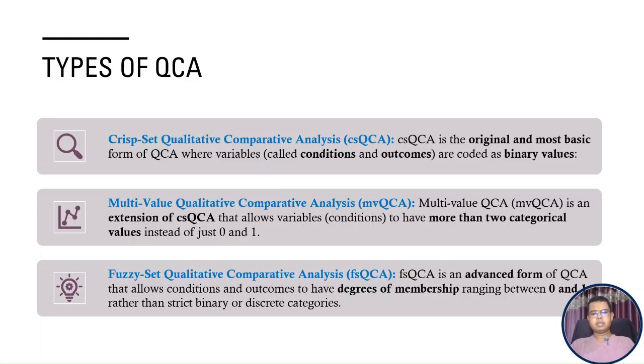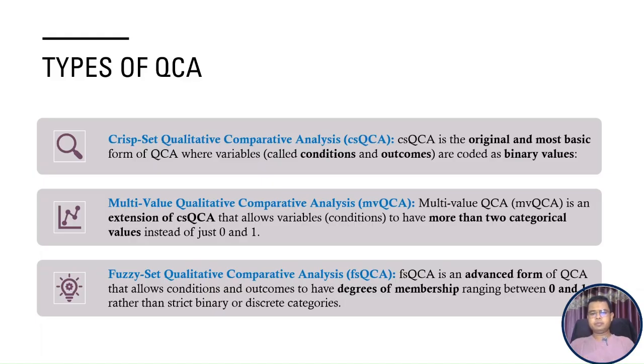So what are those? csQCA is the binary and most basic form of QCA, where the variables called conditions and outcome are coded as binary. For example, the outcome variable will be a binary variable: yes, no, true, false. At the same time, multi-value means we may have other classes, not binary classes.